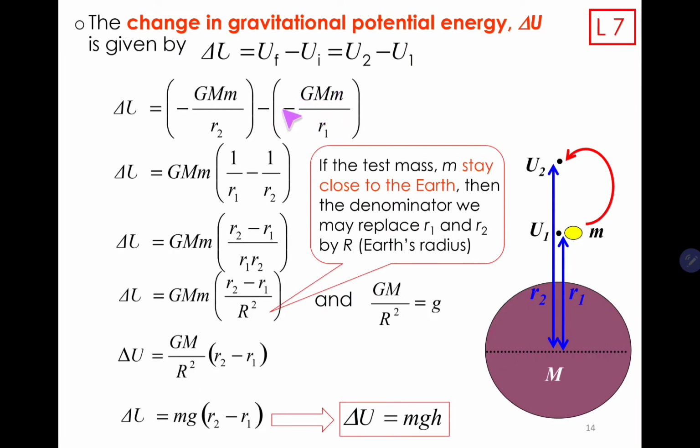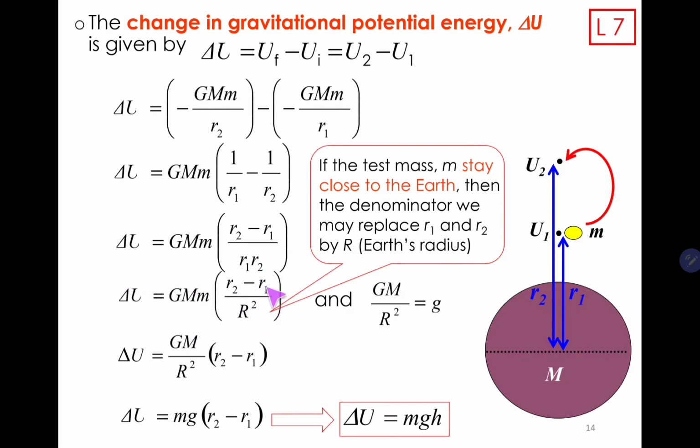So negative and negative become positive, and by rearranging the equations, you will get GMm, just a constant, take out GMm, and then 1 over R1 minus 1 over R2. Mathematically you will get this.